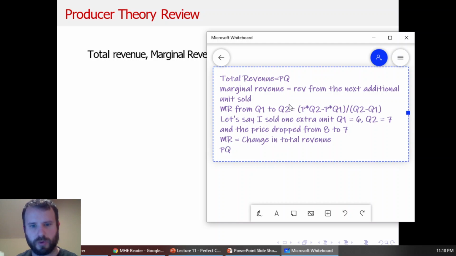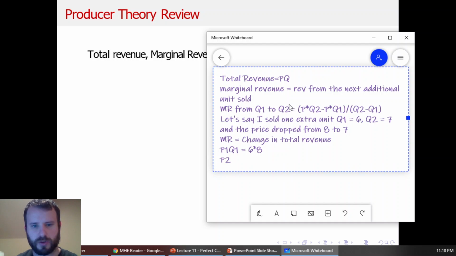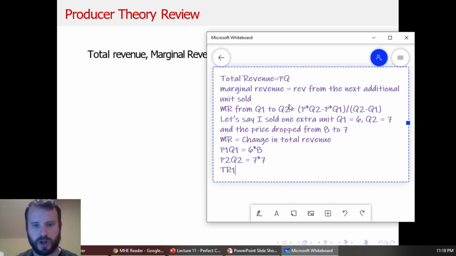P1 Q1 equals 6 times 8, which is 48. P2 Q2 equals 7 times 7, which is 49. So total revenue 2 minus total revenue 1 is 49 minus 48, which is 1. So my marginal revenue equals 1.